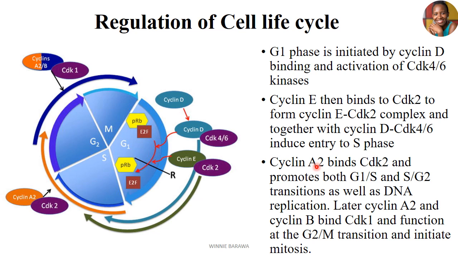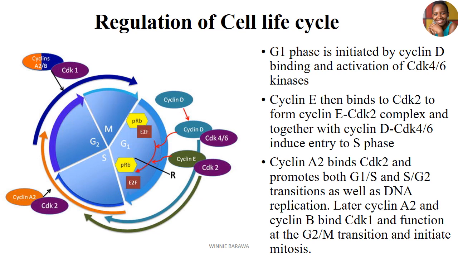For the transition from S phase to G2 phase, we will have other cyclins coming in here. So we have cyclin A2 combining with CDK2, transitioning the cell from S to G2. Going further, once we need the cell to transition from G2 to M phase, we will have cyclin A2/B combining with CDK1, transitioning our cell all the way to M phase.